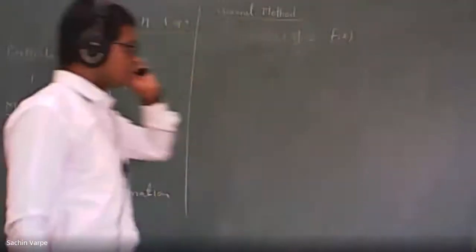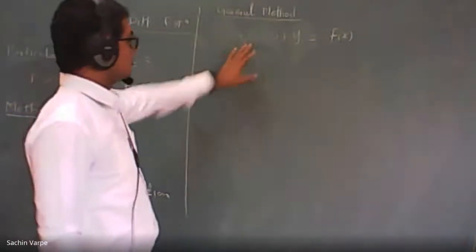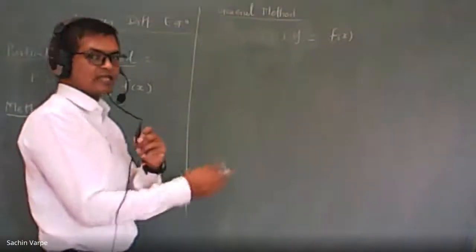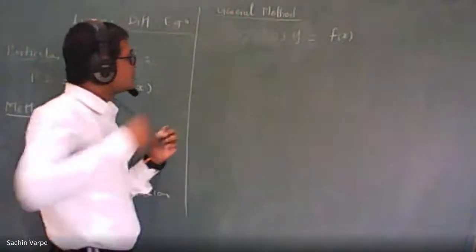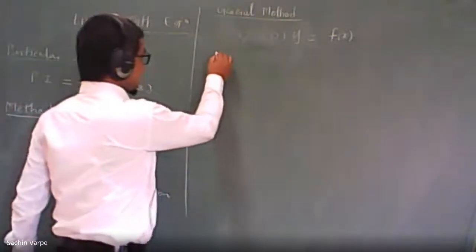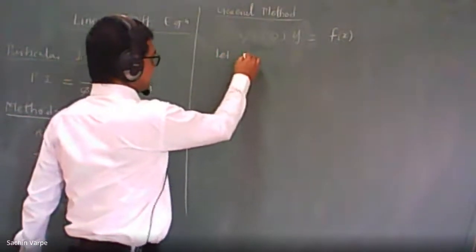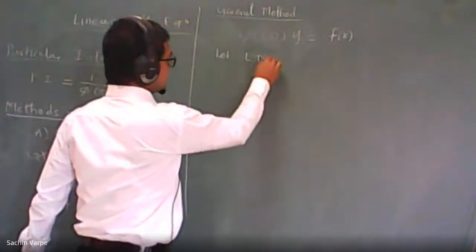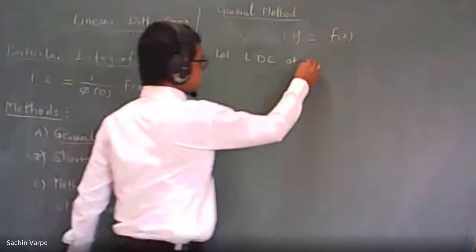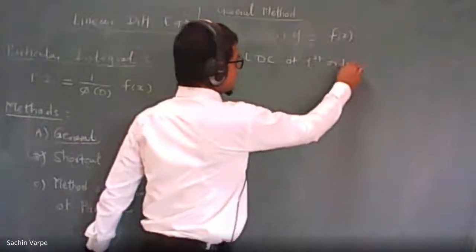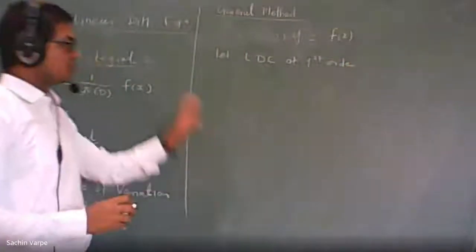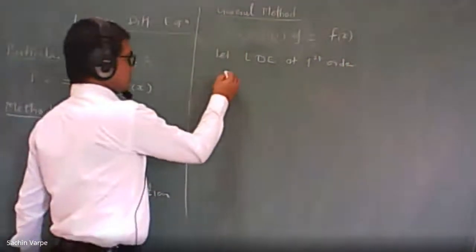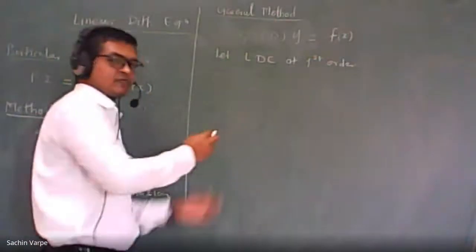One root, right? Let us say that root is m in general. Therefore it will have one root and one factor.